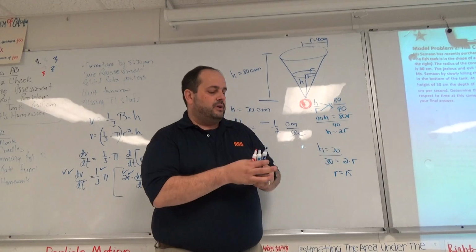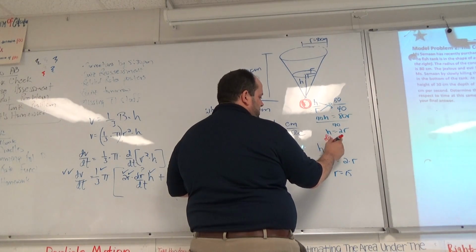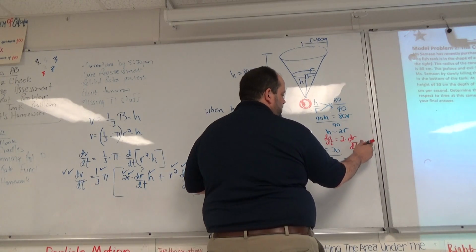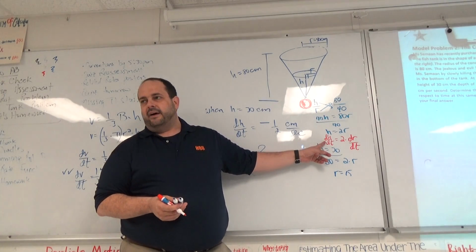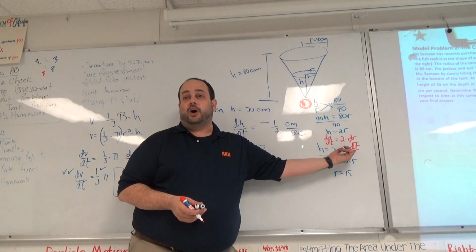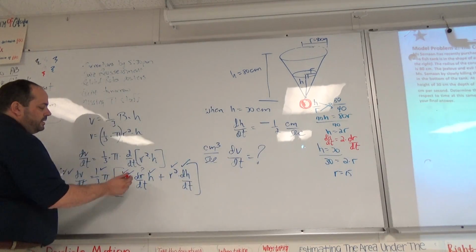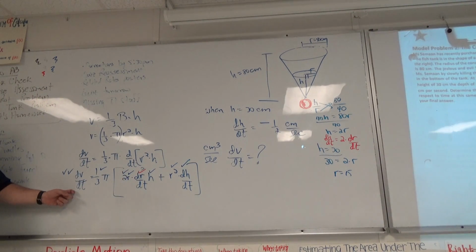Whenever you've got a relationship that's always true, go take the derivative, that means that dh dt is going to be equal to 2 times, what is that, dr dt? You know what dh dt is, that's that negative 1/2. Using this relationship over here, you can figure out dr dt. Once you get dr dt, you'll have this last piece that you need so you can get dv dt.